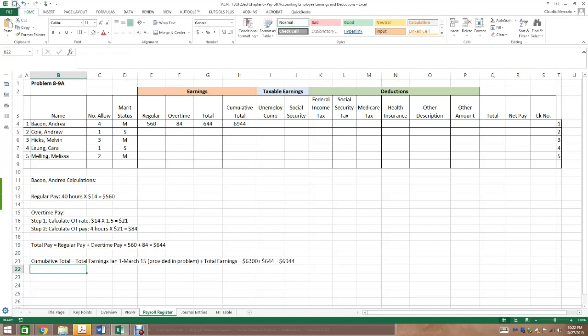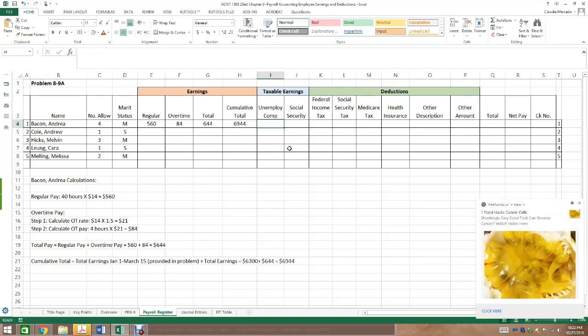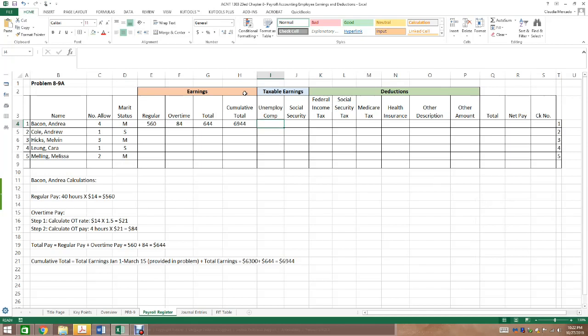Let me see this. I don't want to lose it. Now, these two columns here under taxable earnings represent how much of your earnings you are going to pay taxes on. How much of that is taxable?